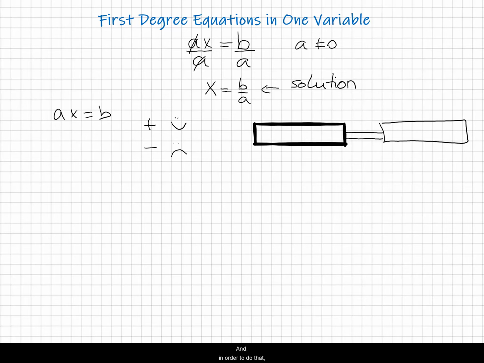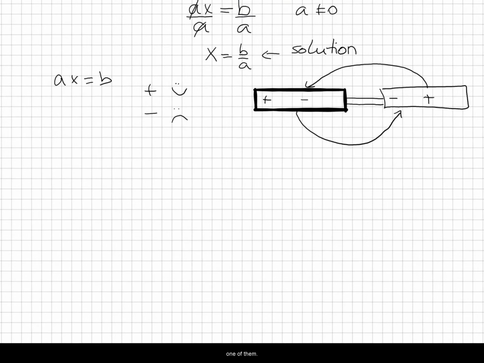And in order to do that, you have to keep in mind that if a term is positive, or if a person is happy in being in this room, once you move them into the other room, they will turn negative, or they will be upset. And the same thing if you have a sad person or a negative term, you have to move it on the other side, it will change its sign. Okay, so remember that.